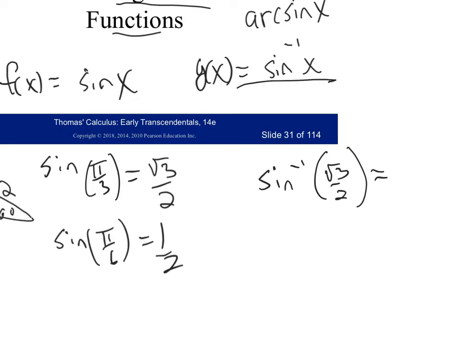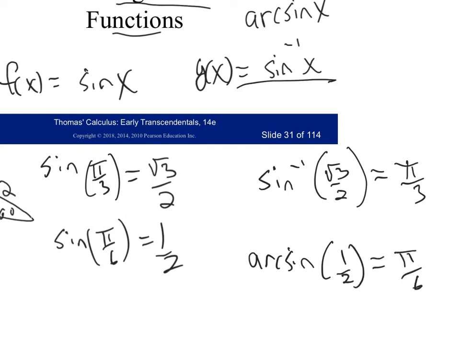Well, that answer would have been pi over 3. If I say the arc sine of, I'm sorry, back up, arc sine of the answer, which is 1/2, would be the angle of pi over 6. The answer to an arc sine is always the angle that would have generated this.